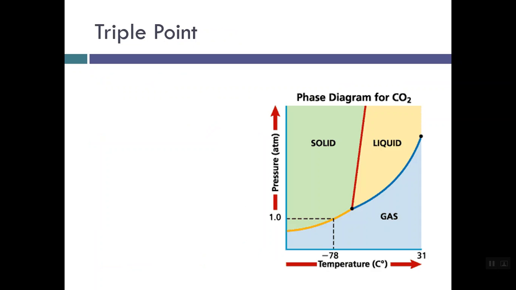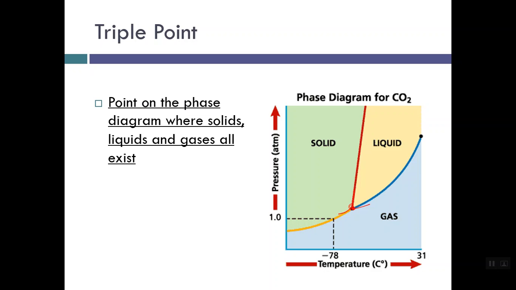So the important points here, one would be the triple point, which is right here. It makes sense because there are 1, 2, 3 lines coming out from it. So that's a triple point. That is where on the phase diagram solids, liquids, and gases are all existing.